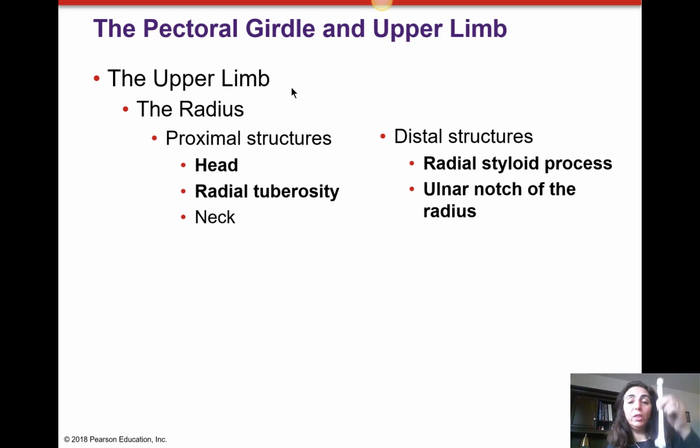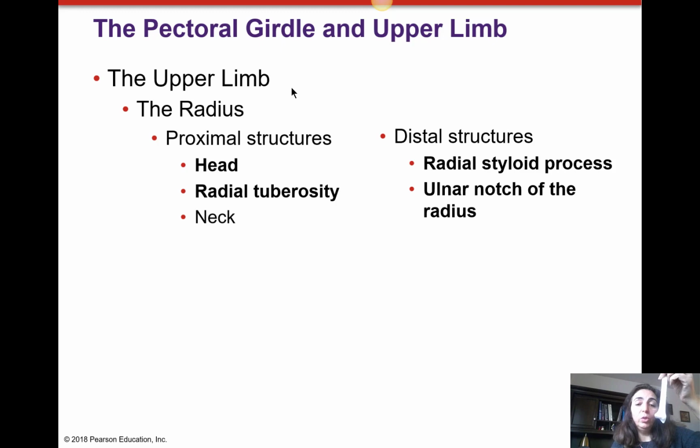Then on the distal part of that, again, you see that one part of the bone is lower than the rest of that, and that is the one that we call the styloid process, radial styloid process, this last lower part of that, right?